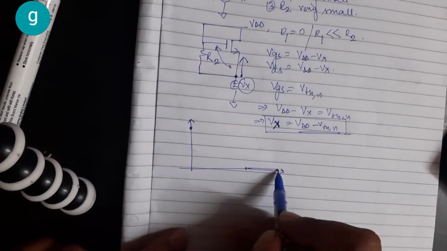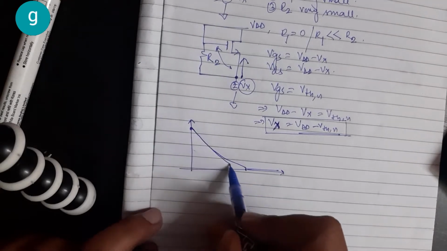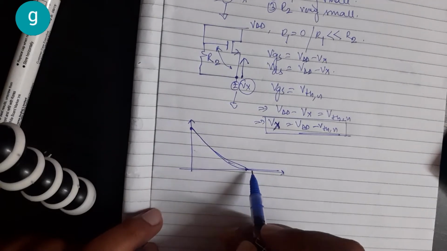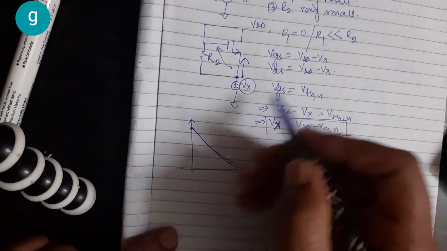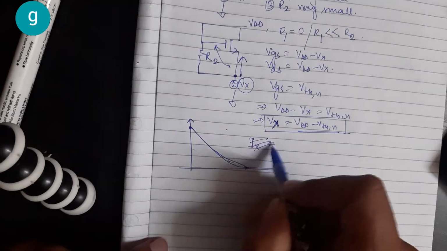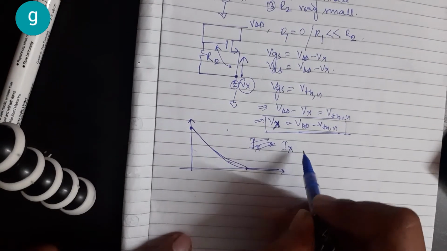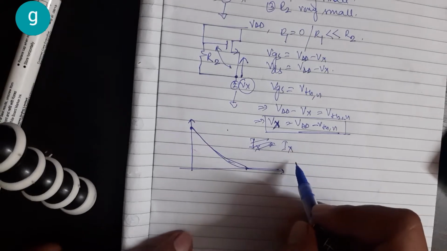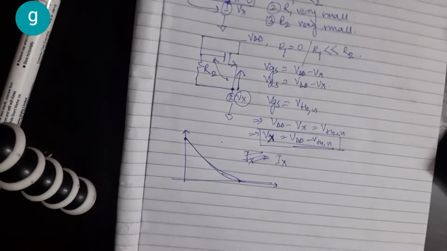So the current will go to 0, and it will come down like this. This should be coming down parabolically. Why? Because generally in saturation region, the current Ix is a quadratic function of Vx. Okay, so this is one extreme.